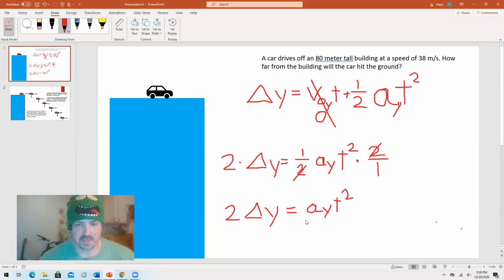Okay. Now you can see here, right? You can basically just divide both sides by a in the y. No problem at all. And done. Okay. So now, 2 delta y over a in the y, right, equals t squared.